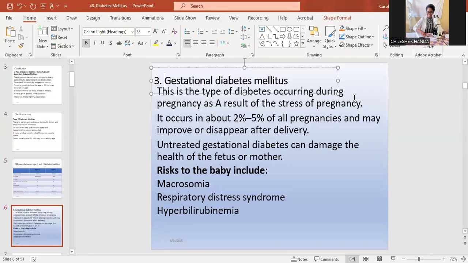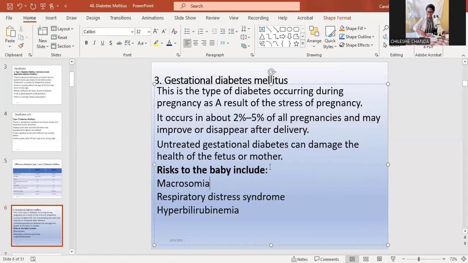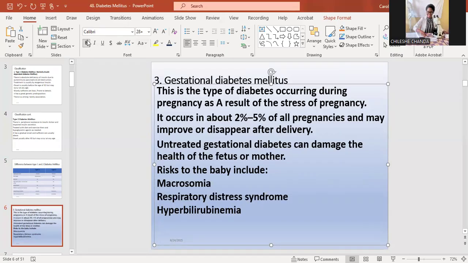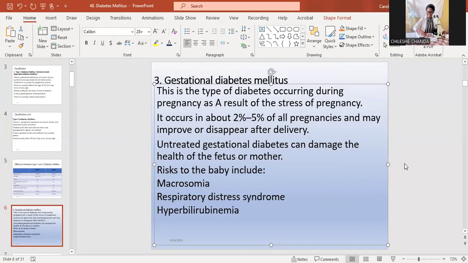This is a type of diabetes mellitus which occurs during pregnancy. Now, this is as a result of stress. The stress of pregnancy occurs in about 2 to 5% of all pregnancies, and may improve or completely disappear after delivery.